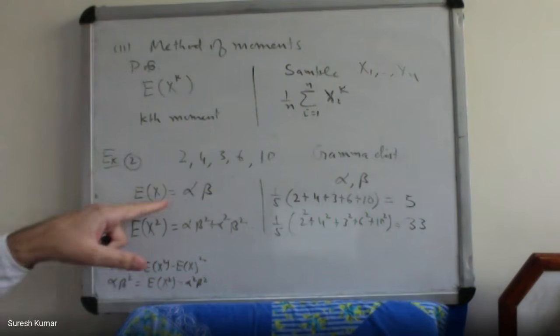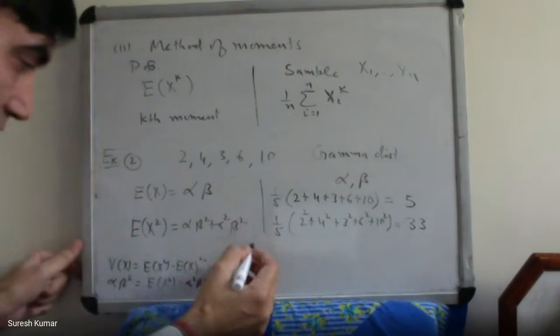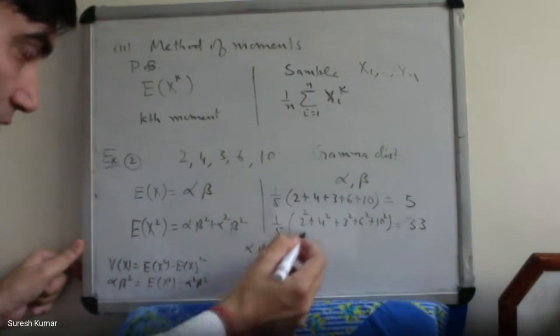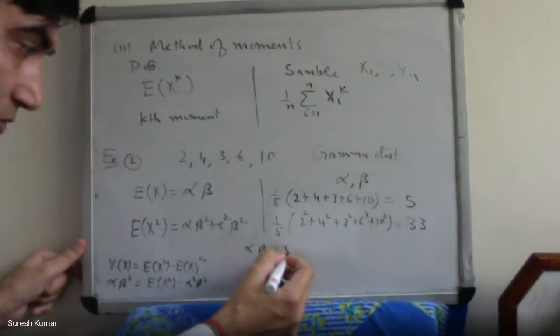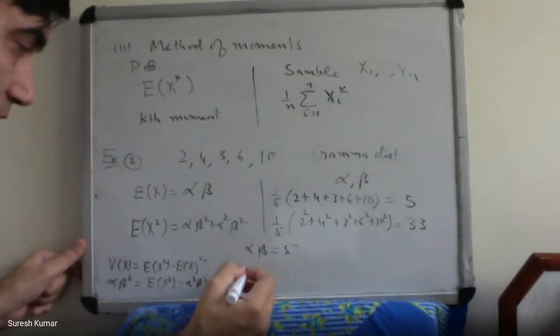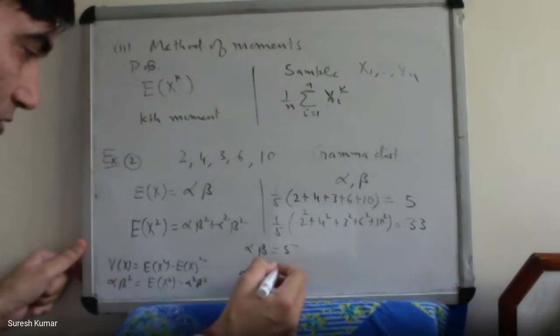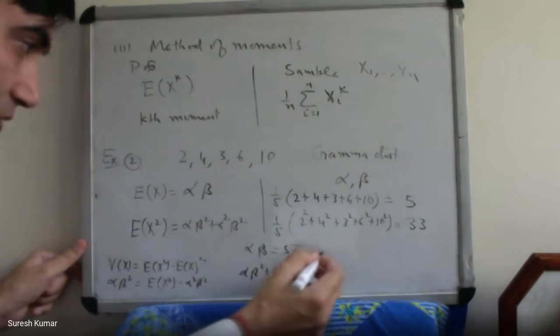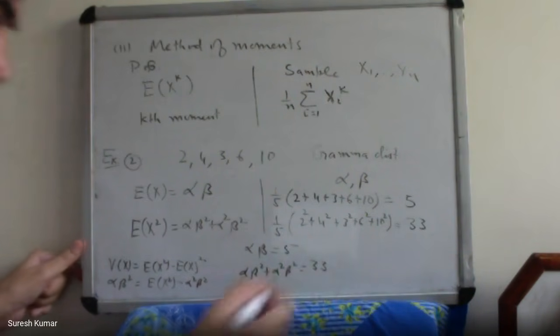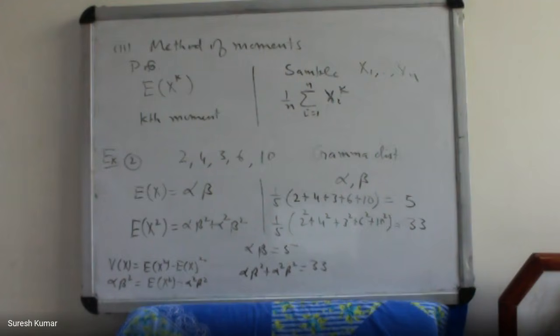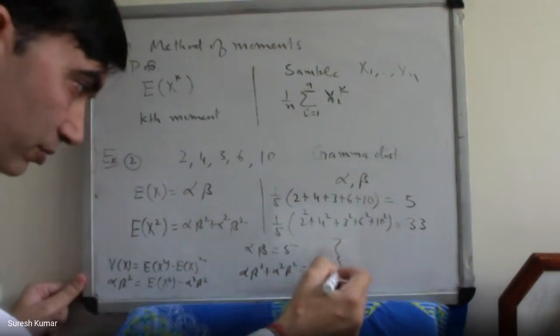Now, the first moment from the population is alpha beta, from the sample is 5. The second moment from the population is alpha beta squared plus alpha squared beta squared, from the sample it is 33. So tell me the values of alpha and beta.